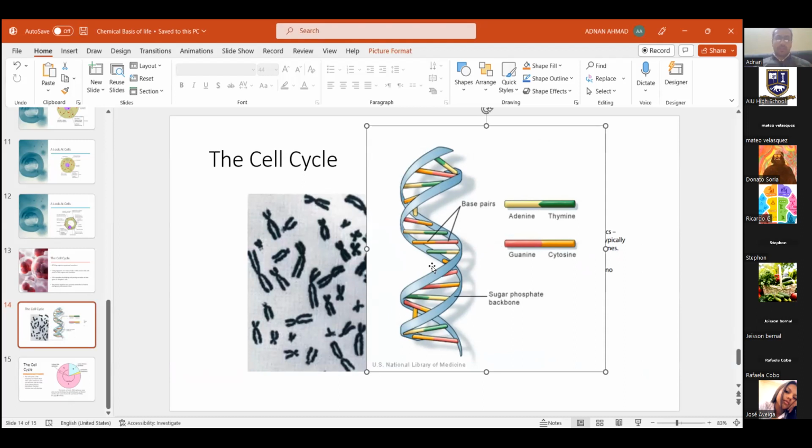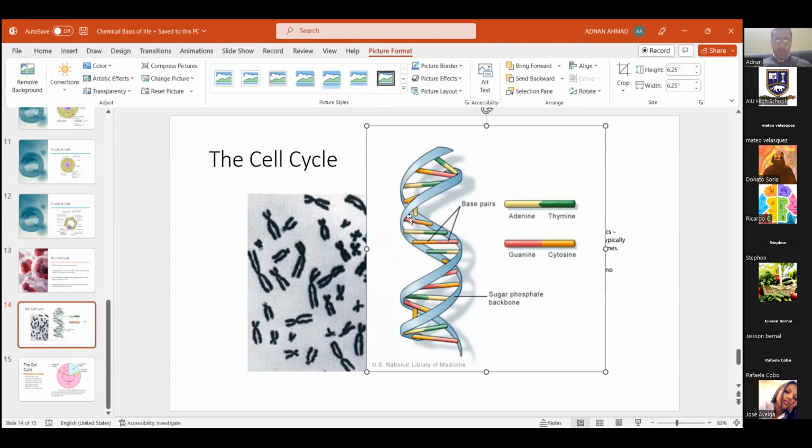It is present on chromosomes, and the colored part, from this point to this point, is called a gene. What a gene does is give commands to code for proteins, to synthesize proteins.